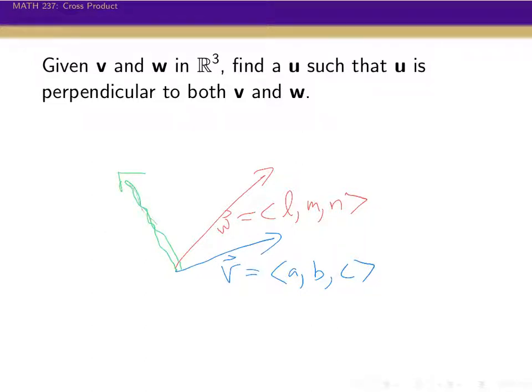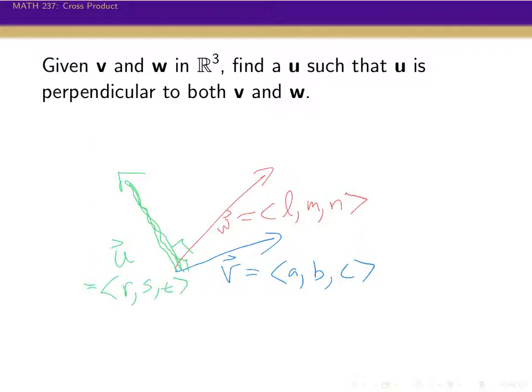Okay, so u is going to be maybe something like this, u, such that it makes a right angle with both v and w. Let's let the components of u be r, s, and t.